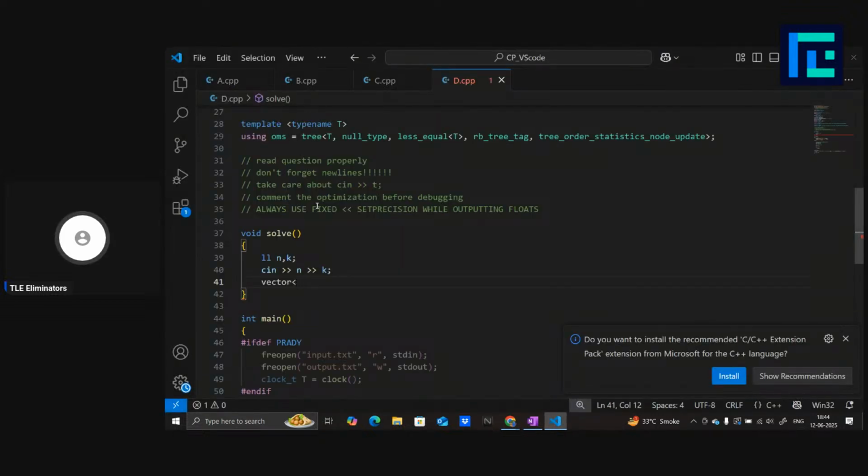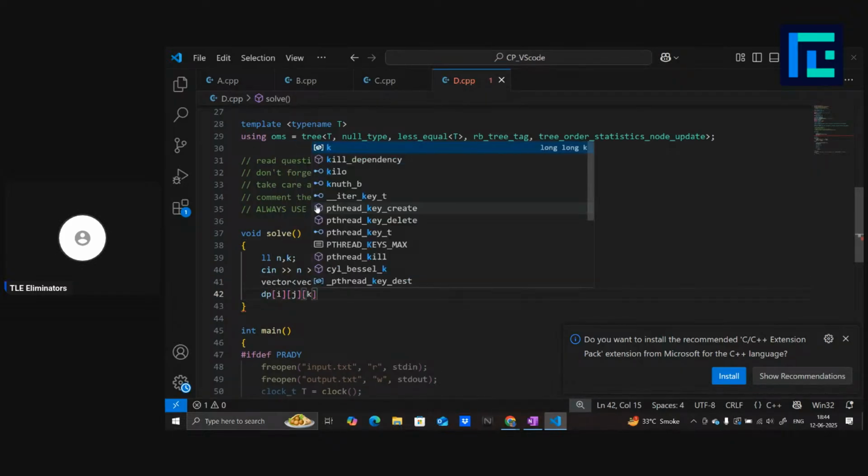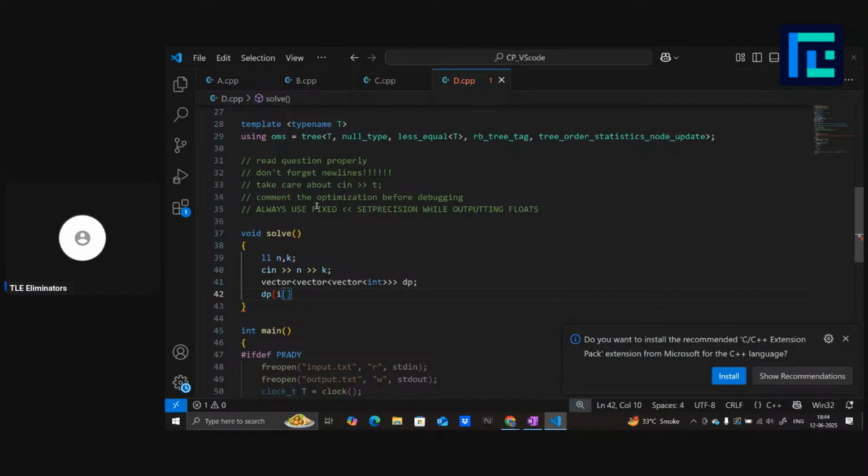So essentially you would use a 3D vector of int dp, where dp of i, j, and direction would store your state. I is the index of the light, j is your time mod k, and direction is either 0 or 1 depending on positive or negative, right?